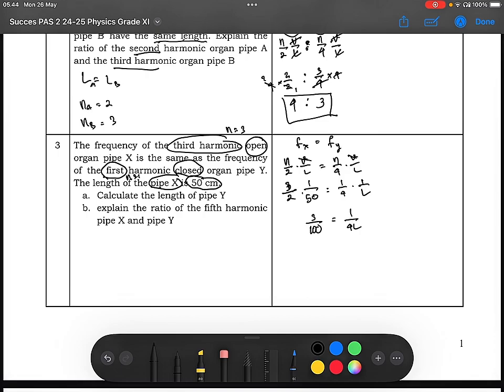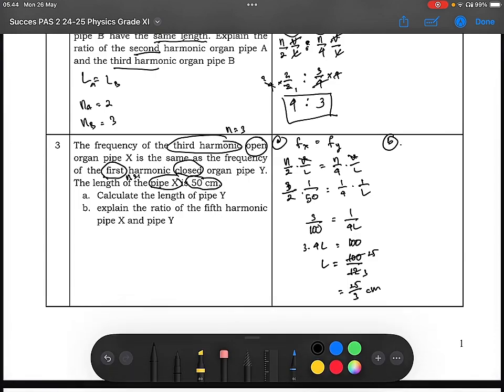You can cross out 3 and 100. L is 100 over 12, which is 25 over 3 centimeter. Okay, this is A. And the B.